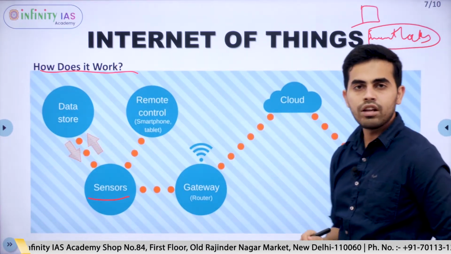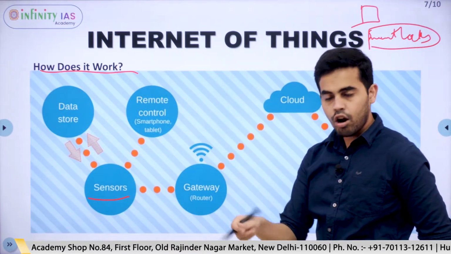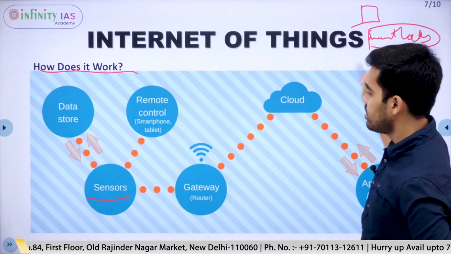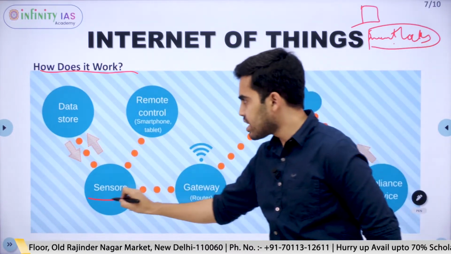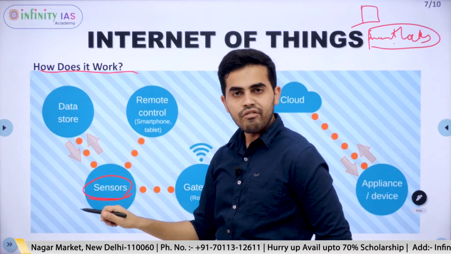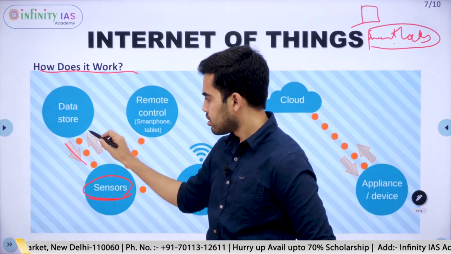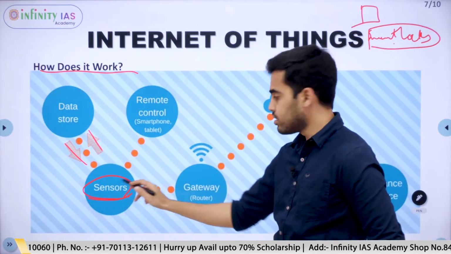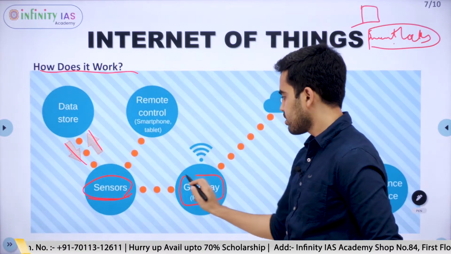Once you open the lock, the sensor in the lock will sense that someone is entering the room. So this smart lock will have the sensor. It will collect the data that someone has opened the door. Then it will send that data to a gateway.